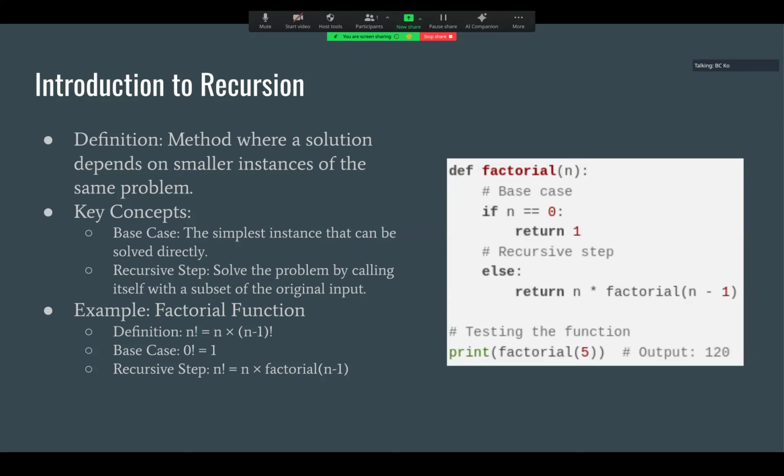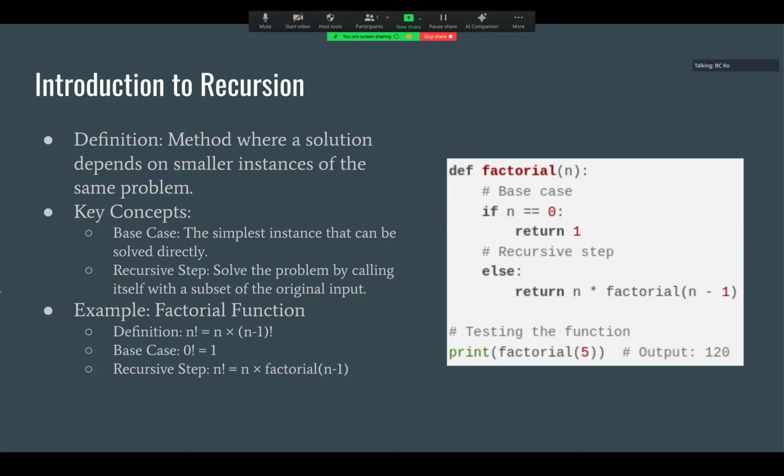Recursion also has two key components: the base case and the recursive step. The base case is the simplest instance of the problem that can be solved directly without further recursion. And the recursive step involves solving the problem by calling the function itself with a smaller subset of the original input.